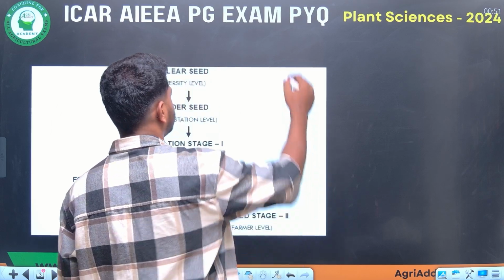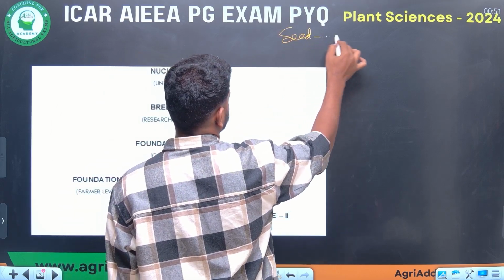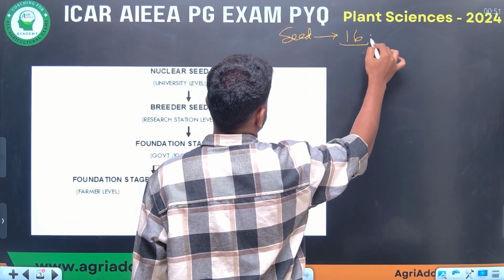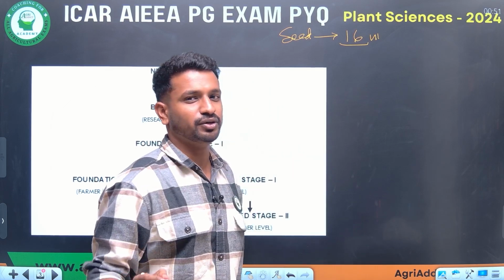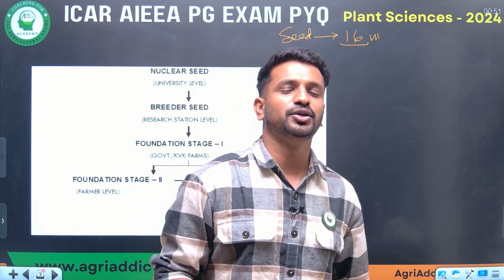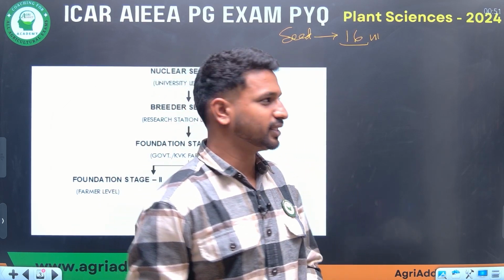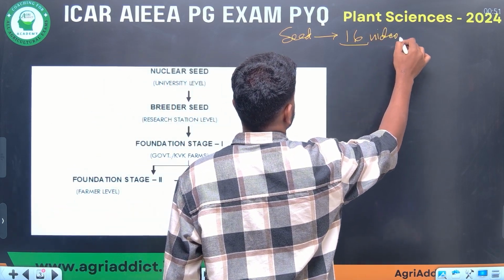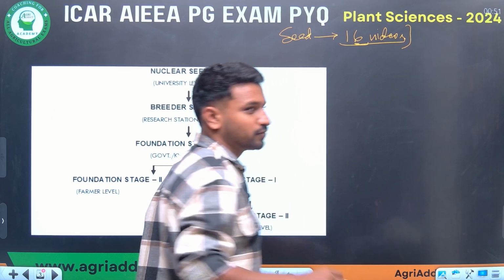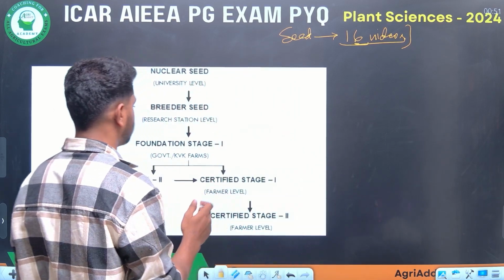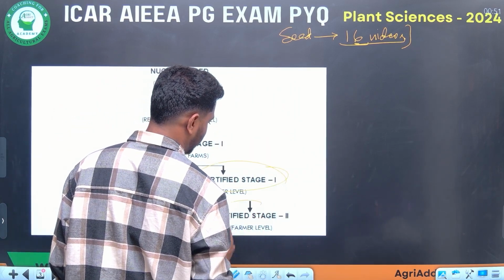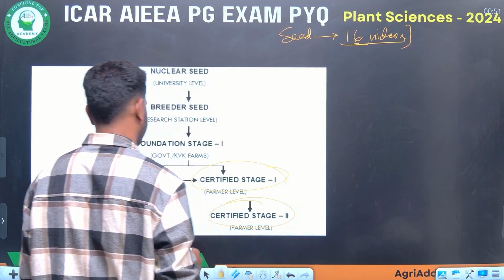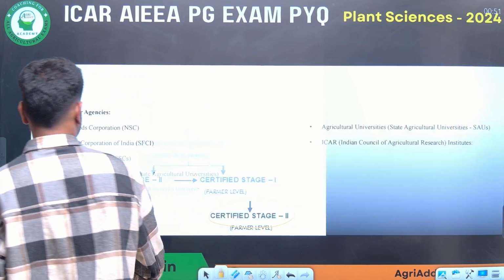And for seed science in total, I have uploaded all the seed science videos, which are just 16. If you watch the 16 videos, I can guarantee you that you will be able to solve most of the questions asked in the ICAR PG exam. So make sure to at least cover the 16 videos if you are not a student of a master's course. But if you are a student of a master's course, you already know, as I have explained it clearly, what this 1 and 2 is.